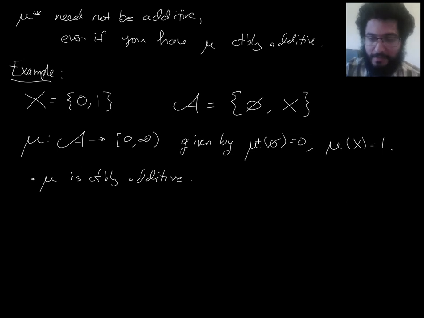There's really not that much to check here. For countably additive, you need to consider any countable family of disjoint sets in A. You could take X, or X and the empty set, or just the empty set. And in all of those cases, the sum of the mu's is going to be the mu of the union.